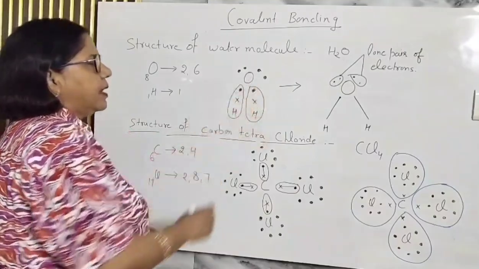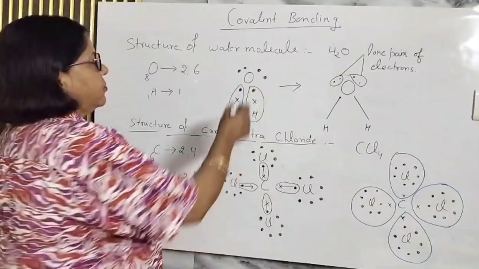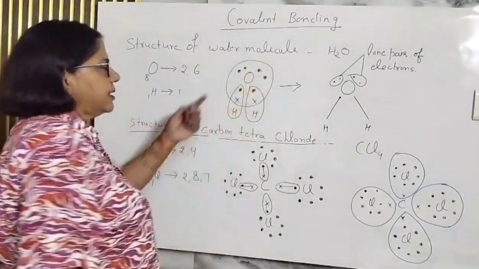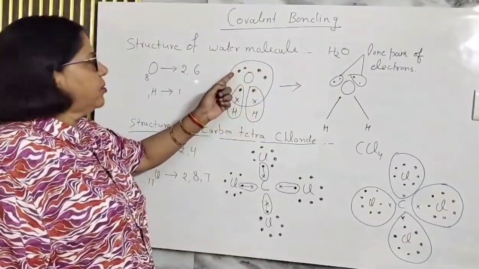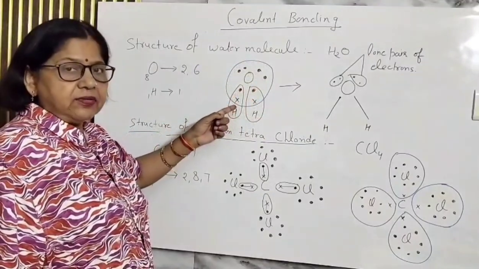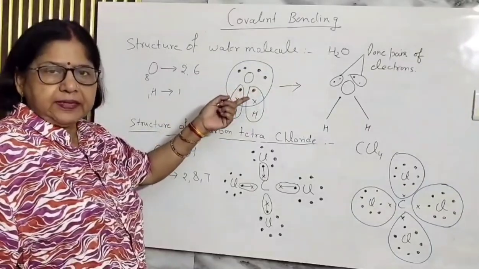Now, if we want to see the octet of oxygen, you see I have drawn it in the blue circle. In the blue circle, there are how many electrons? 1, 2, 3, 4, 5, 6, 7 and 8 electrons. That means the octet of oxygen is also completed.